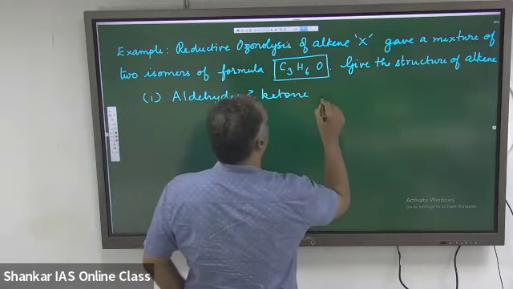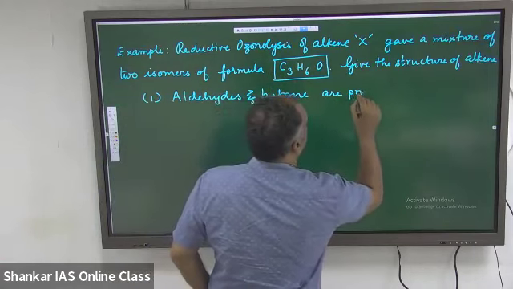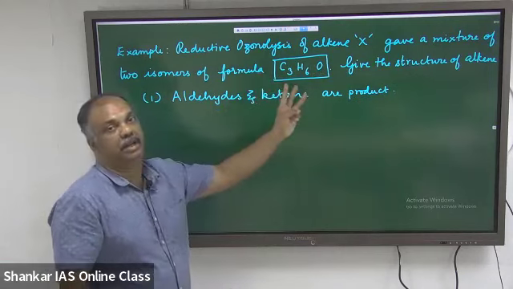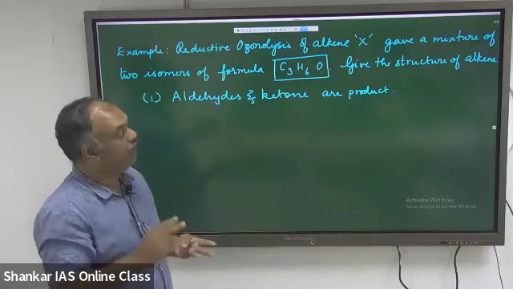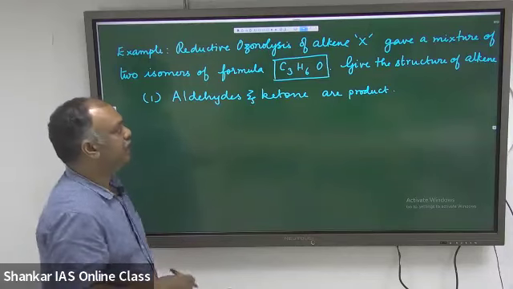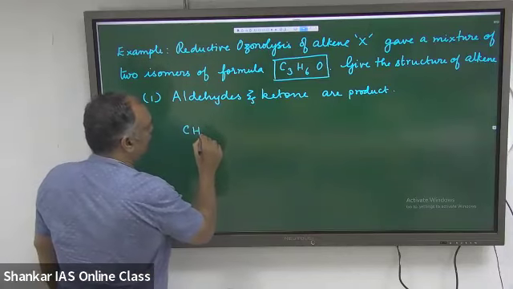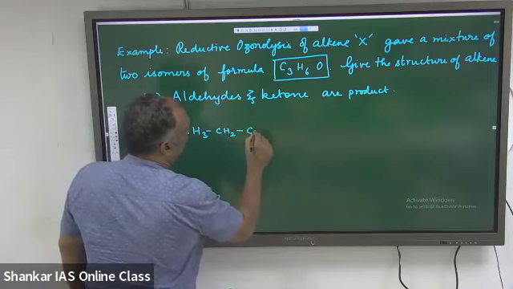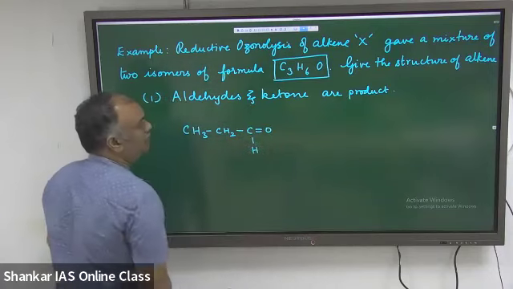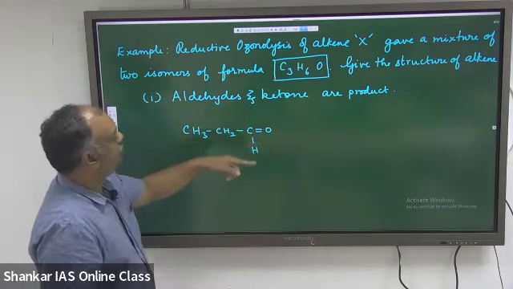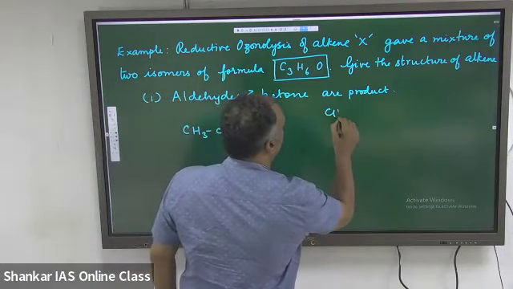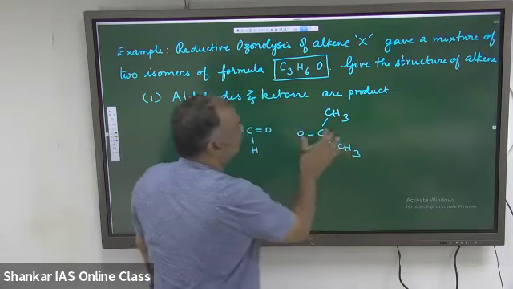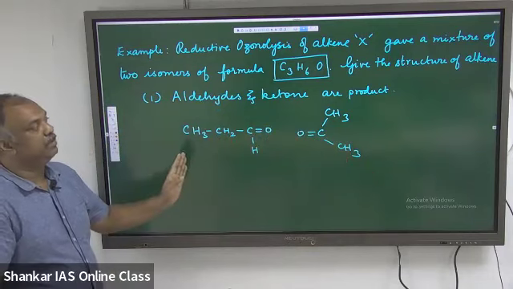I'm given the formula also. There are 3 carbon atoms, so you have to find ketones or aldehydes with 3 carbon atoms. They can be CH3CH2CHO, or the other isomer can be CH3COCH3. Only these 2 isomers are possible for carbonyl compounds.